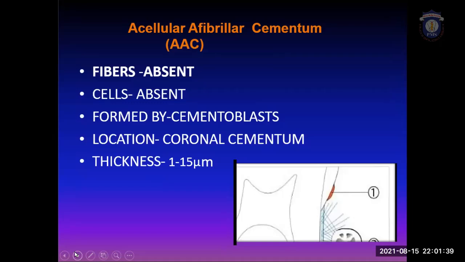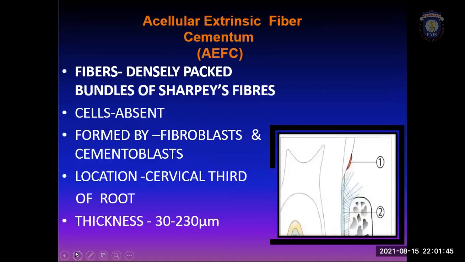Acellular afibrillar, from the name itself, has both fibers and cells absent. Then acellular extrinsic fiber cementum: here the fibers are densely packed and cells are absent. It is formed by the fibroblasts and cementoblasts. Extrinsic means it will have bundles of Sharpey's fibers.